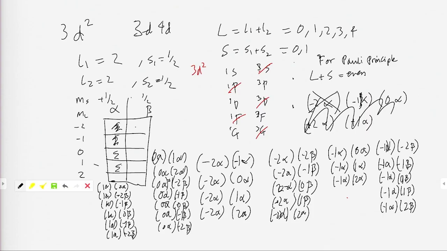That's that one. 2 alpha can only go with the betas. Minus 2 beta.